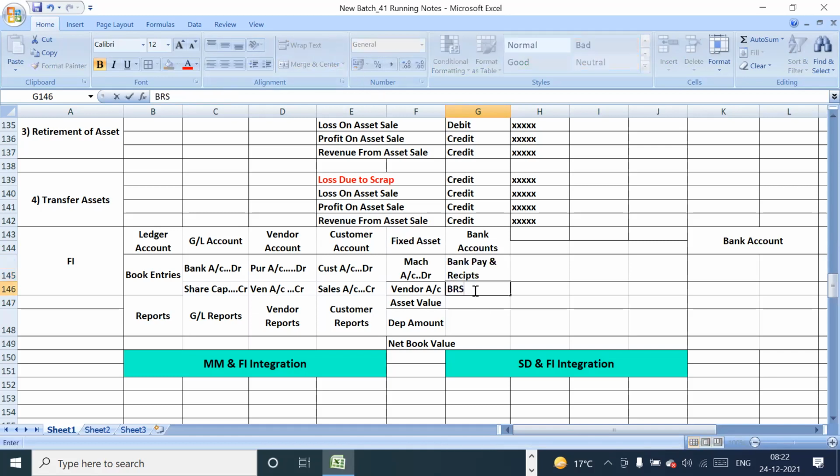And so we are going to perform the BRS, and we want to see each bank's balance. Like that, management wants to see the reports: bank payments, bank receipts.